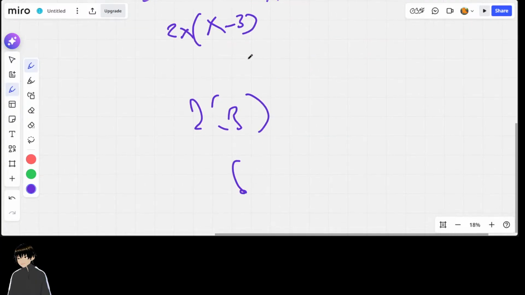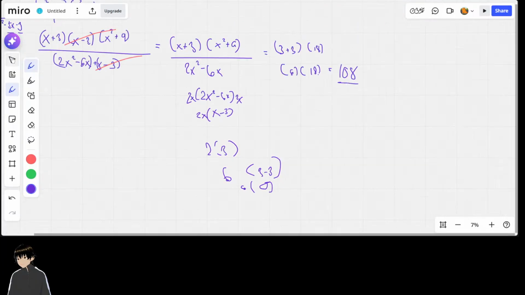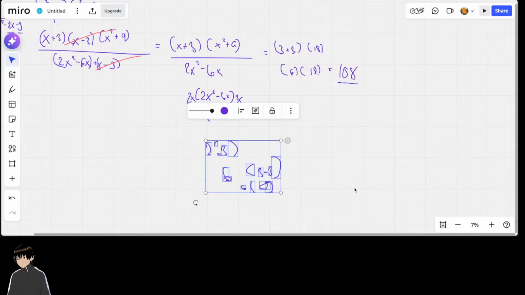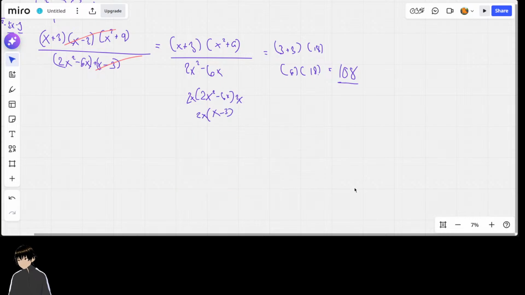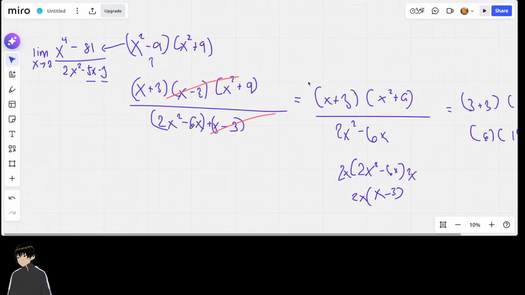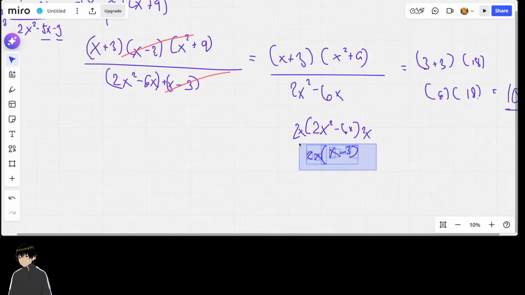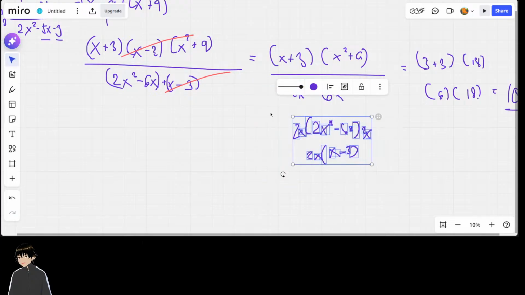And 3 minus 3 is 0. 6 times 0 is, oh my god. Oh, I forgot the extra 0. Oh, wait, no, I actually did not forget that.